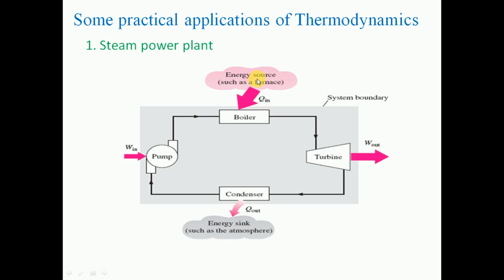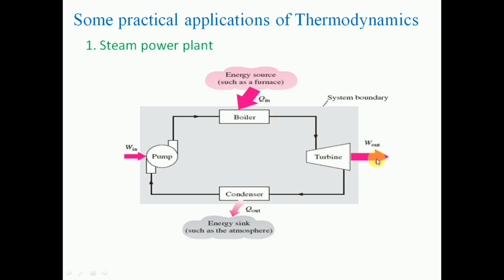The energy source, such as a furnace, supplies heat to a boiler where the water is converted into steam. The steam contains the heat energy. With high pressure and temperature, the steam is supplied to a turbine where it is expanded.